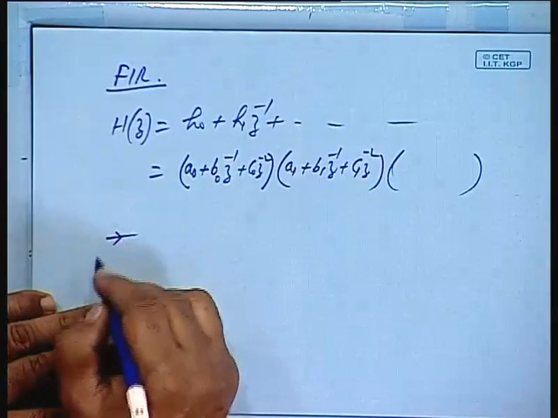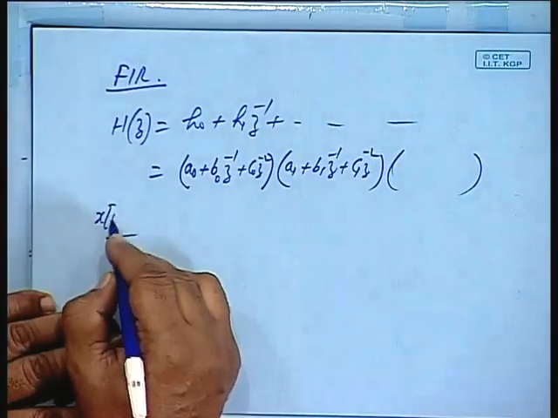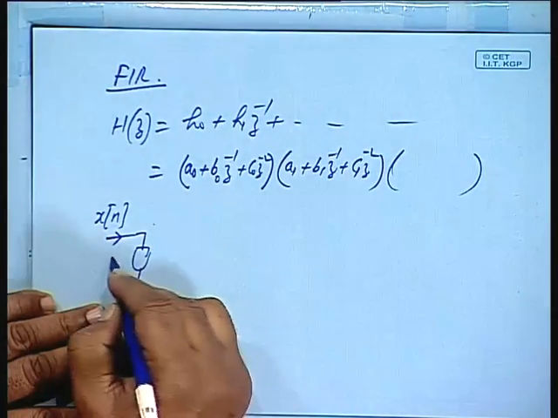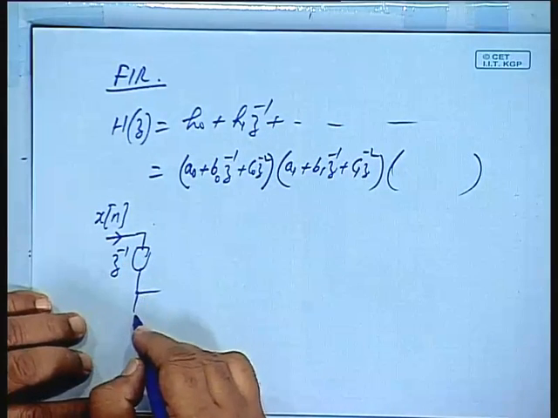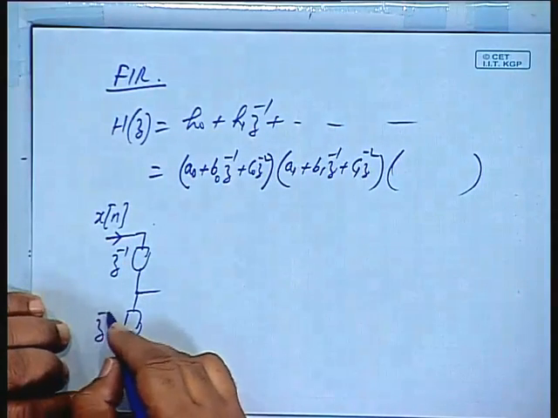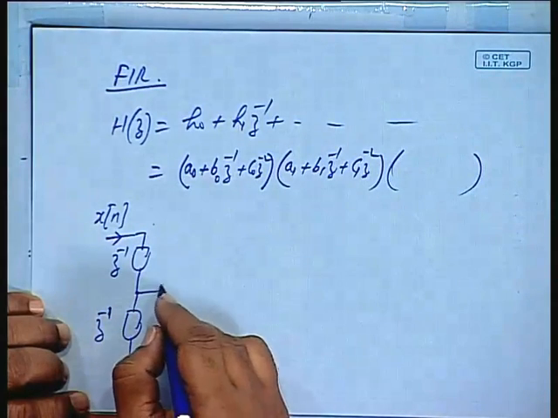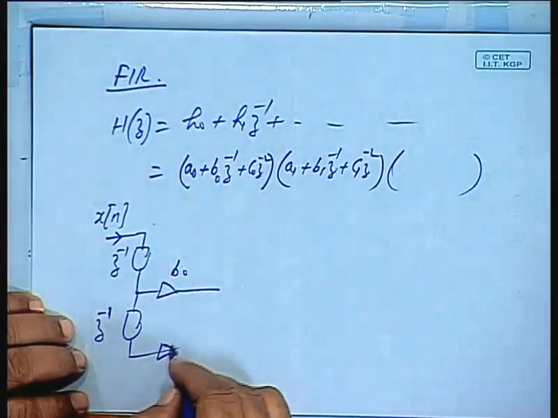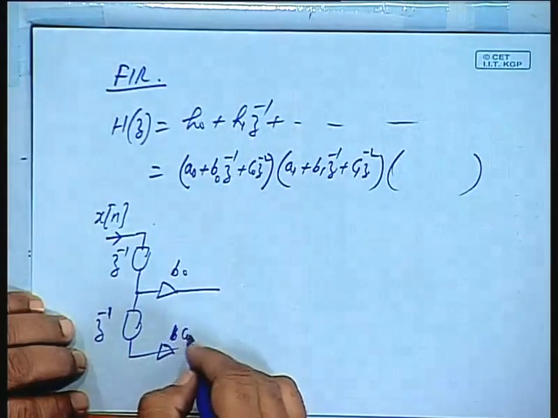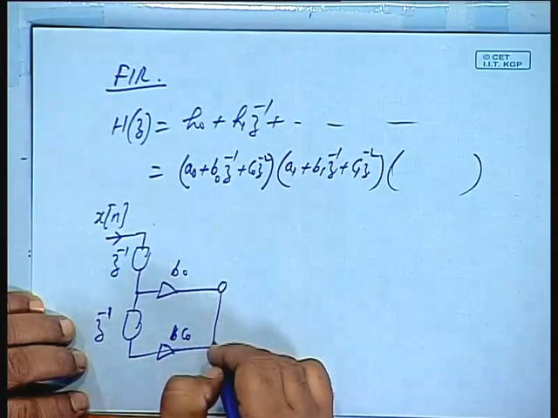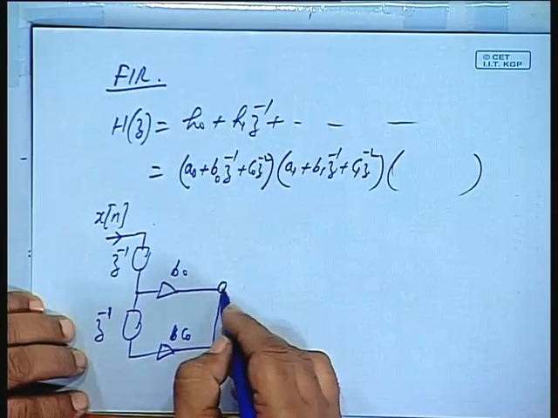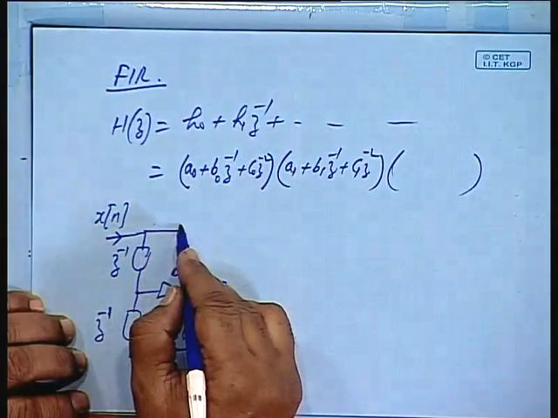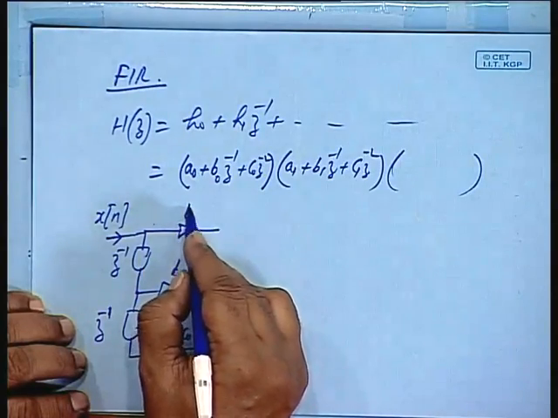I have a signal x(n), I take a delay z inverse, again delay z to the minus 2, and then multiply it by b0, multiply this by c0, add them, just a small circle will be sufficient to denote an addition, and then a0.